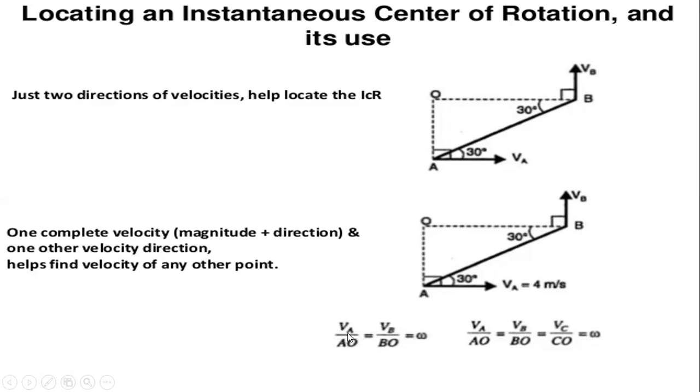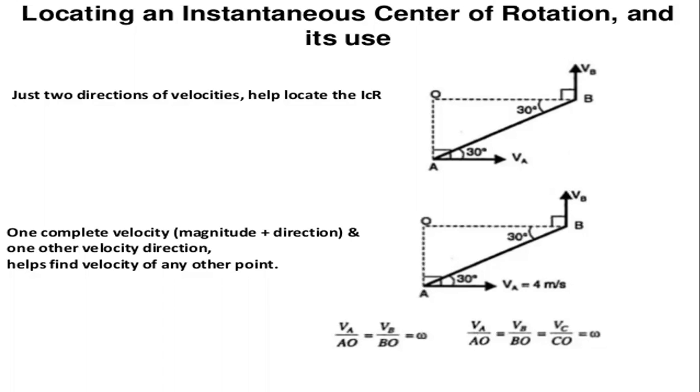So by finding it, velocity of A by AO, so that is not Q, that is O. Velocity of A by AO is equal to velocity of B by BO. So the two perpendicular distances give the angular velocity.